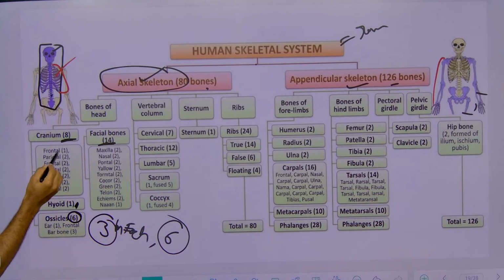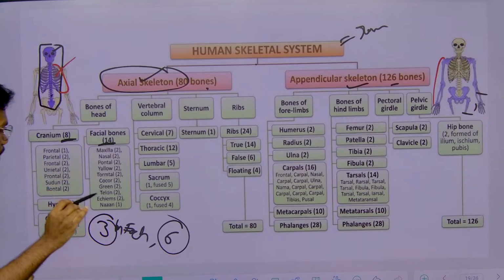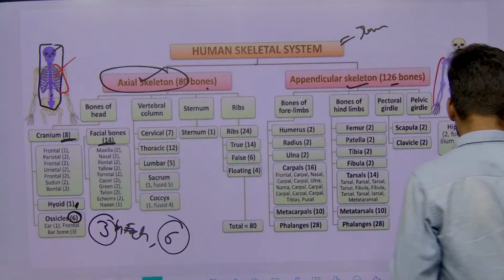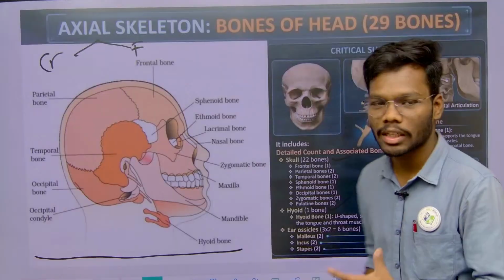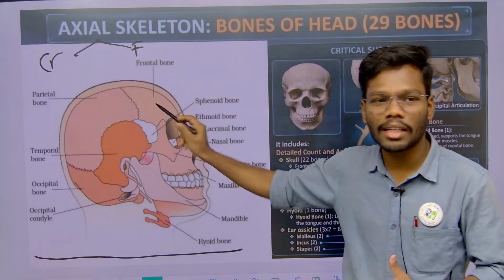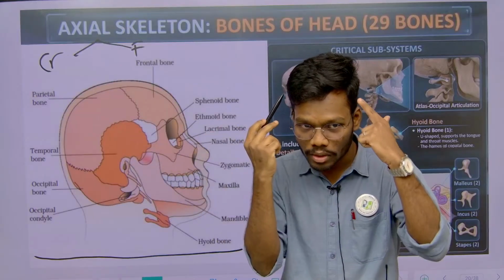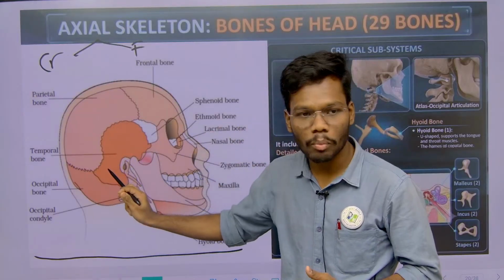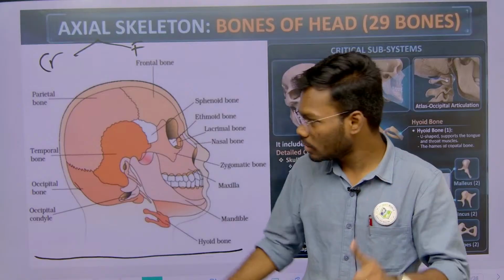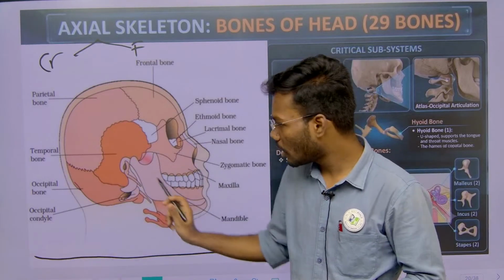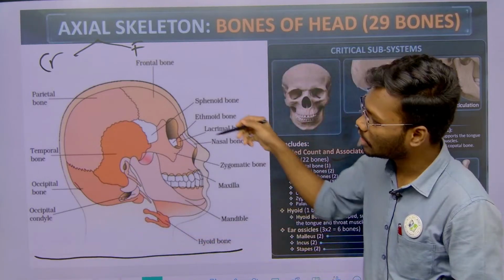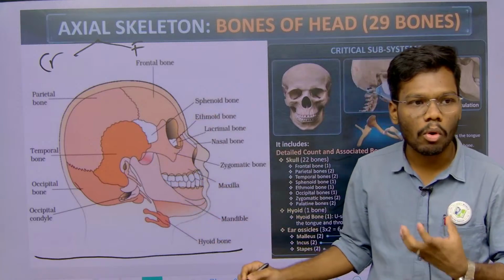You don't need to remember frontal, parietal, and all these things. But if you want to know what is frontal and parietal, this anterior portion is called frontal, and on the sides we have 2 parietal bones and temporal bones, and there is only 1 occipital bone. So based on this diagram you can easily identify what bones we have.